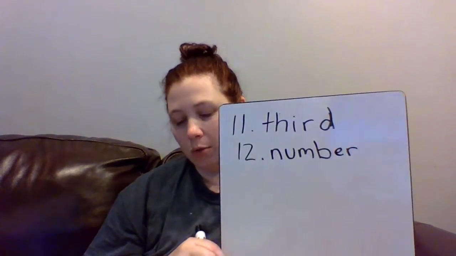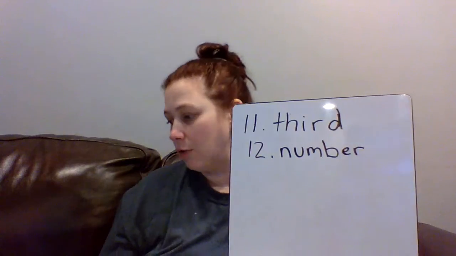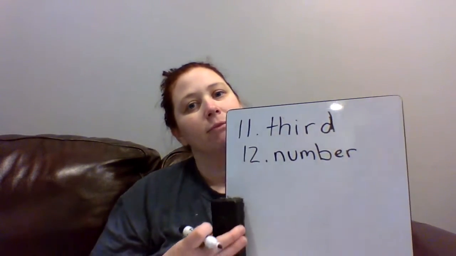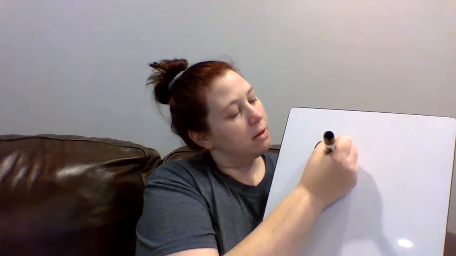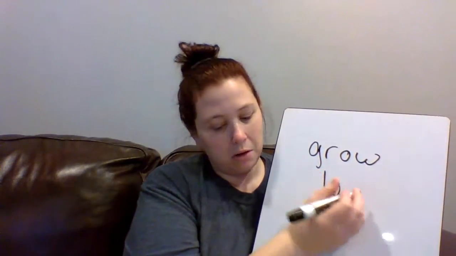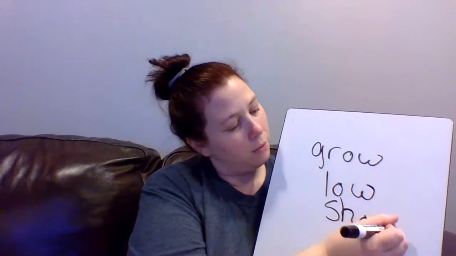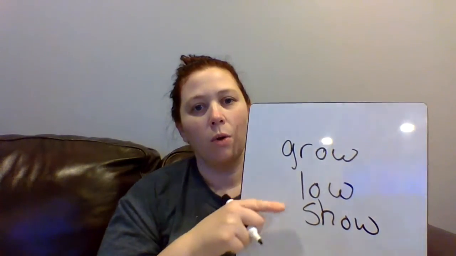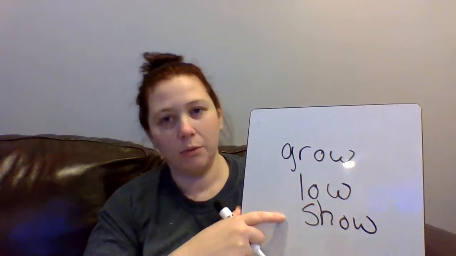Alright, go ahead and make sure that you have those written down, and we're going to talk about our new sound, our new digraph. Today we are going to talk about these sounds. Let's say them together. I have grow, low, and show. What do we see that's the same there that those words end with?